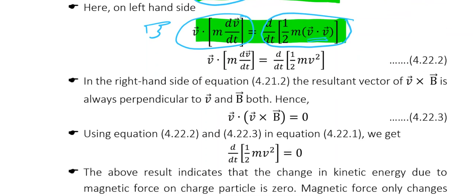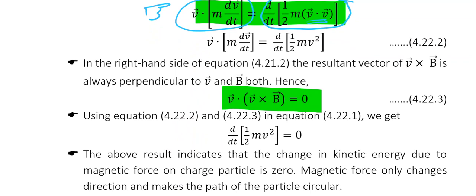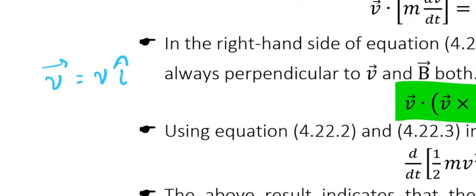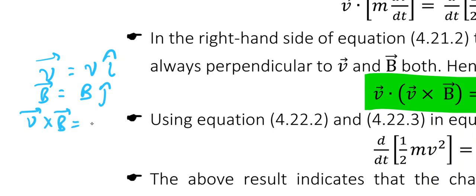What happens to v dot v cross B? It becomes 0. How is this part 0? Very simple. Consider, say, v to be in positive x direction. So can I say v is v i cap? Okay, and suppose B is in j cap direction. So what is v cross B? Can I say v cross B is vB k cap?